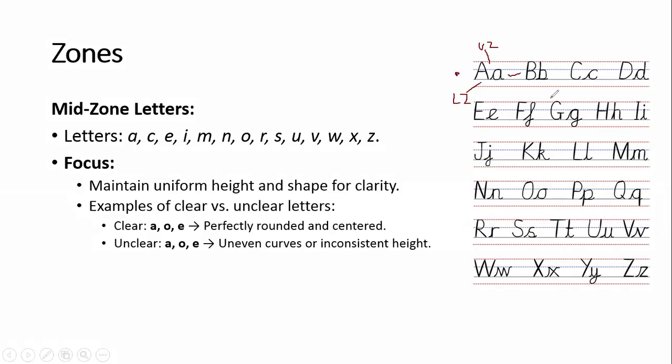Okay. So the alphabets which come under middle zone are A, C, E, I, then M, N, O, R, S, U, V, W, X, Z. Okay.